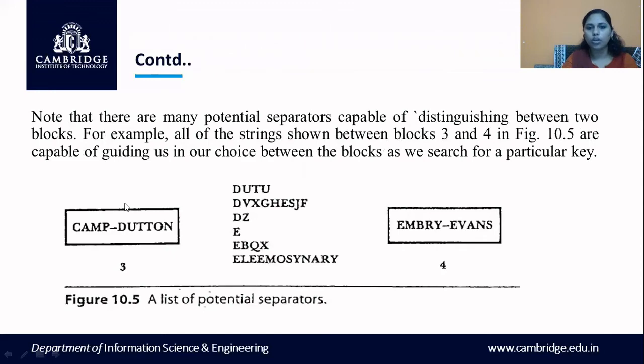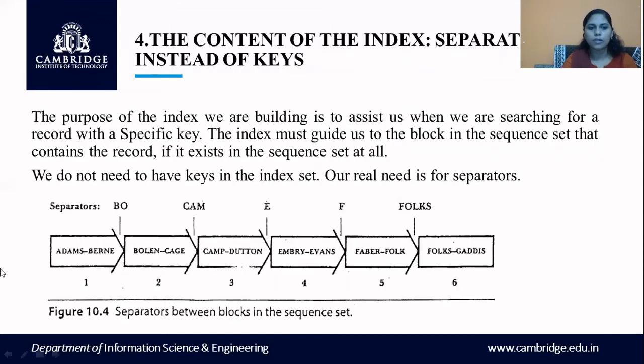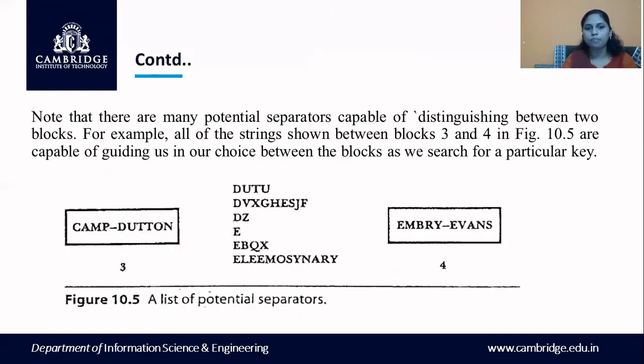The other thing you have to notice here is that between block 1 and block 2 you can have any number of separators, but you have to choose a separator such that it is smallest in size. Now between block 3 and block 4, you can have any number of separators.